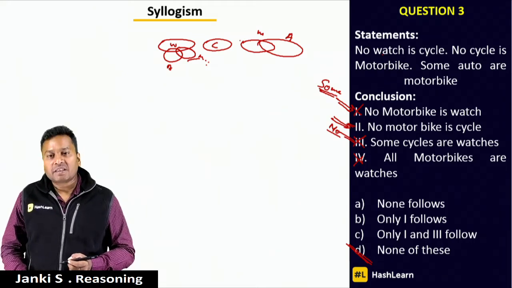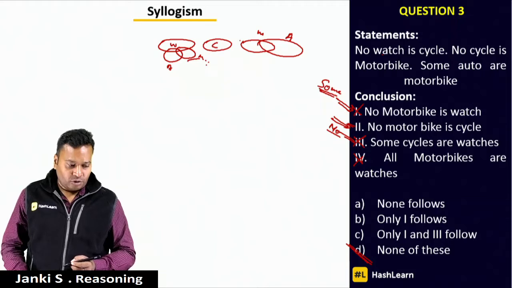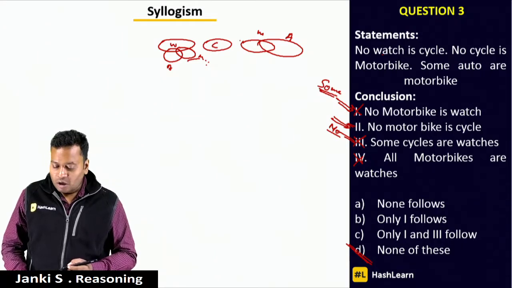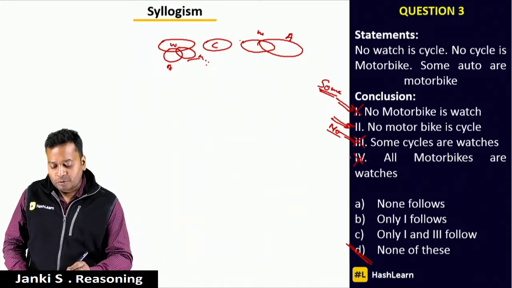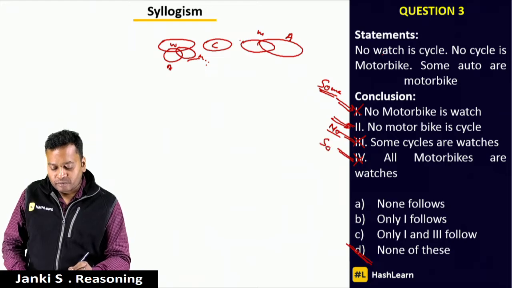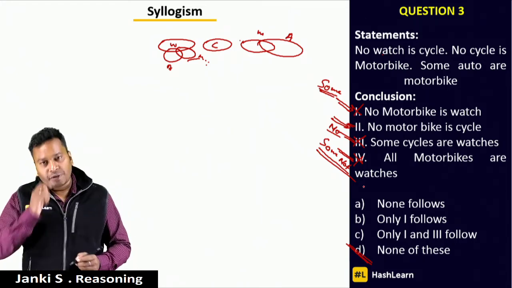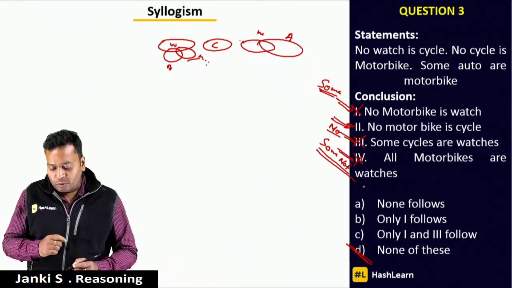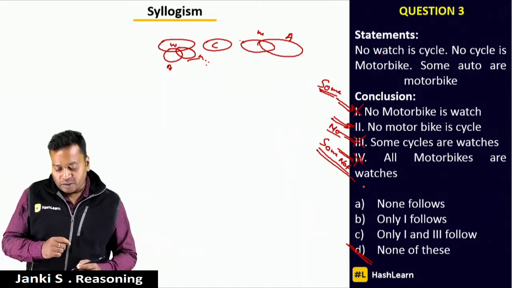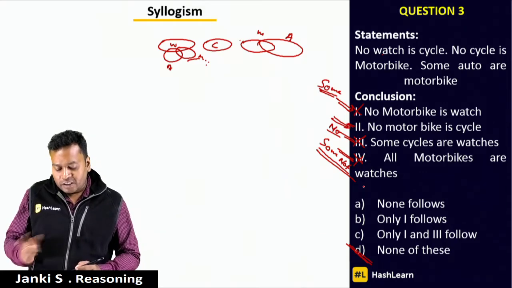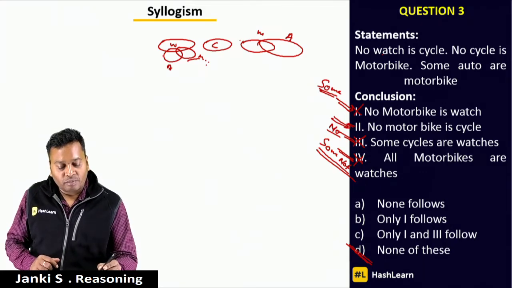And all motorbikes are watches. So all motorbikes are watches. The opposite of all is nothing but some not, right? So if some not is there, that represents this will not be possible, right? So all motorbikes are watches, that means that represents some motorbikes are not watches. So some motorbikes are not watches.